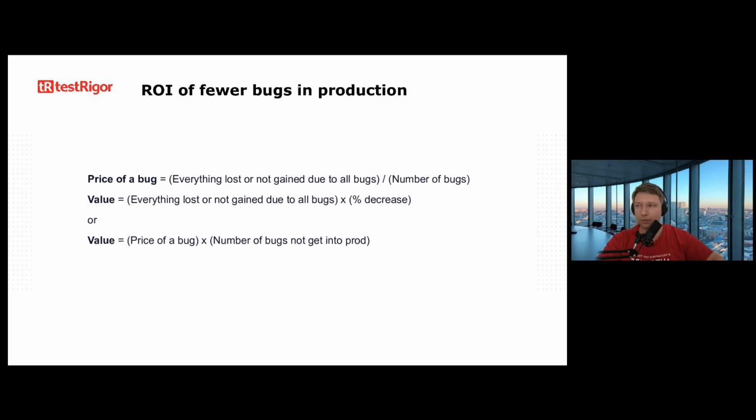And you might be surprised that they might already have data at hand. They probably have never shared it because it wasn't needed. However, you can come to them and ask them to estimate how much business was lost due to issues in production, and how much potential revenue was not gained because of the issues in production during, let's say, the last 12 months.